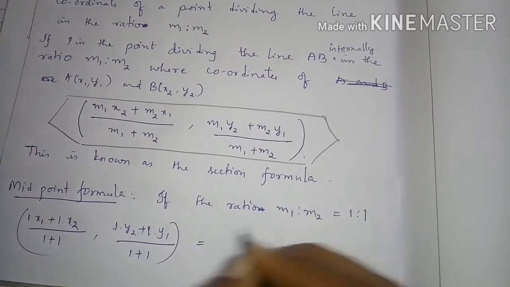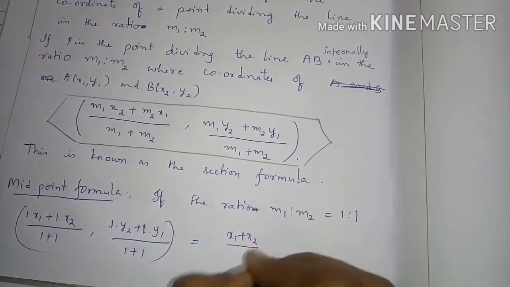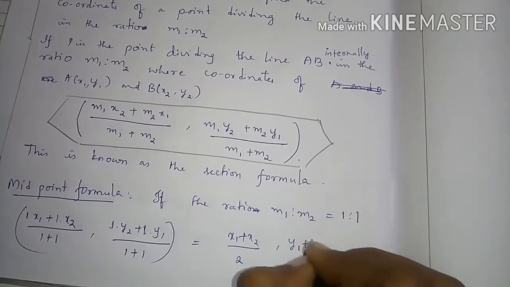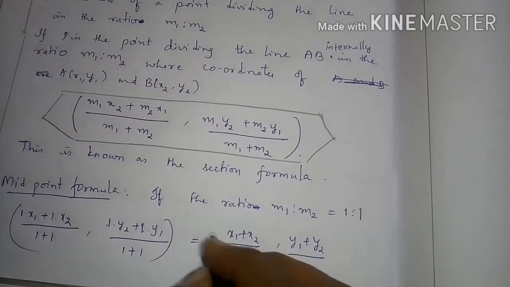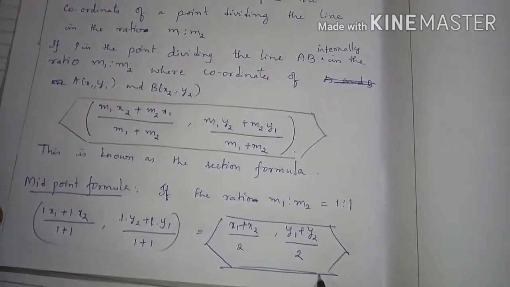That is equal to x1 plus x2 divided by 2, comma, y1 plus y2 divided by 2. This is the midpoint formula.